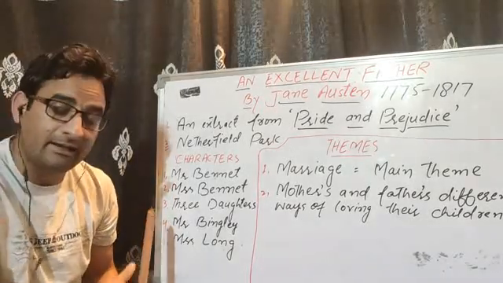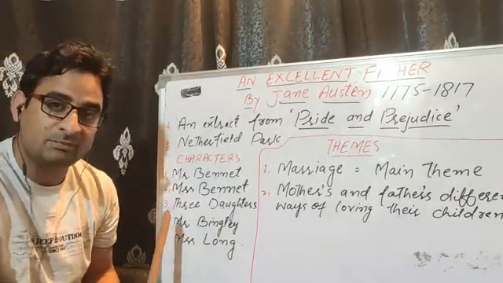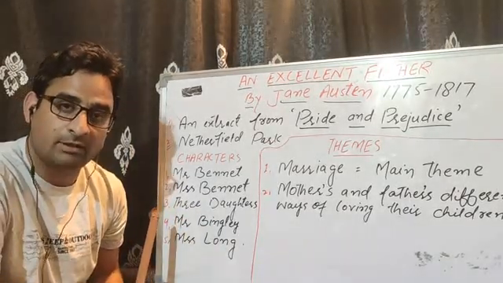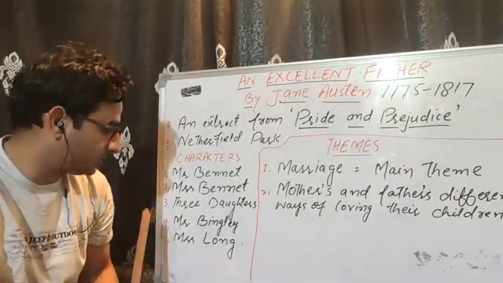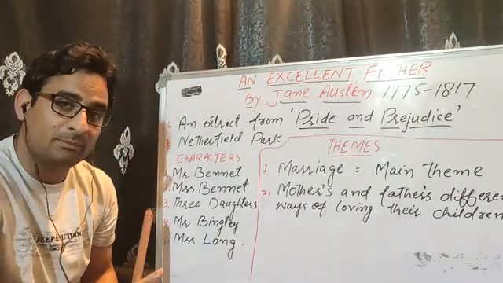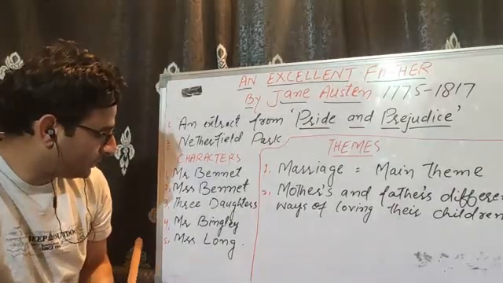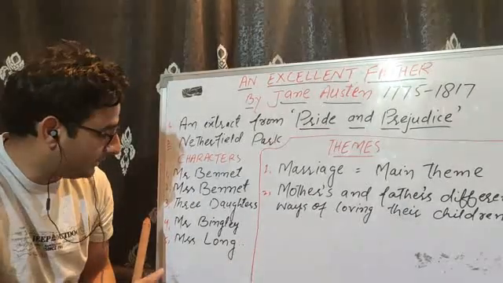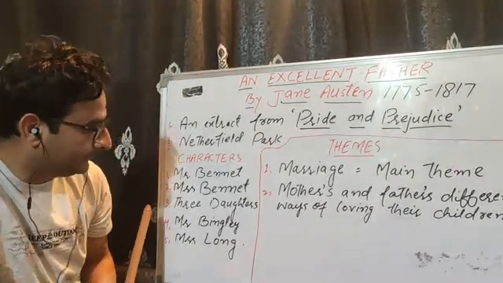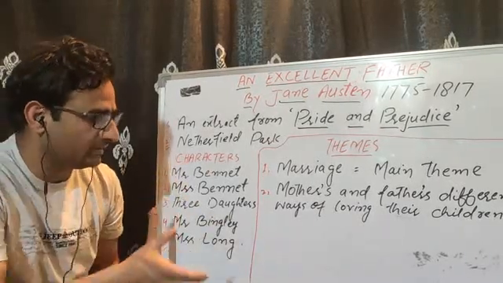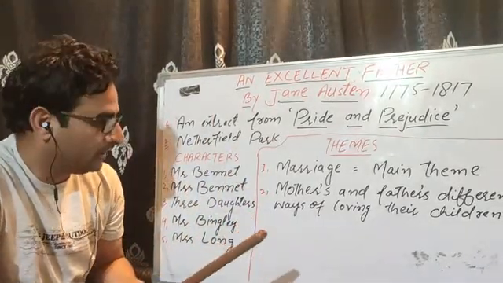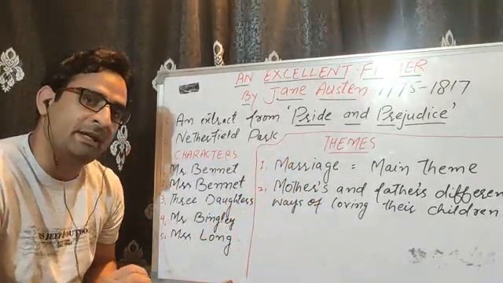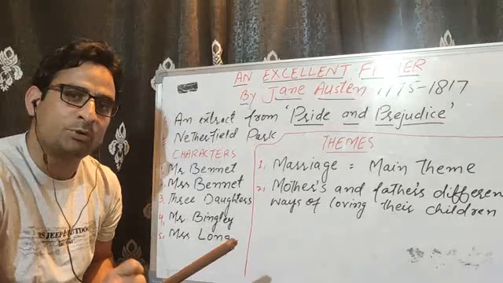And at the end, when she becomes happy with Mr. Bennet, it is because he had paid a visit to Mr. Bingley's house, to develop familiarity with him, so that later on he might like one of their daughters, and one of their daughters gets married. So all the things revolve around this particular thing, and that is marriage, which is the main theme of this prose.